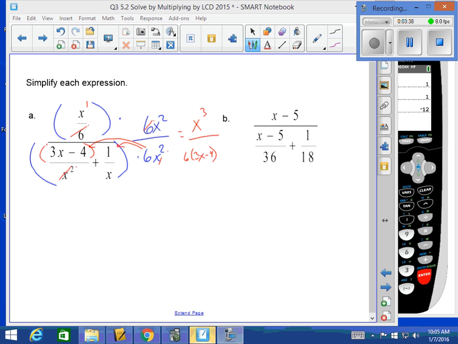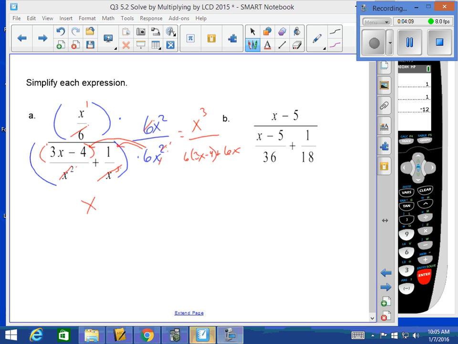Then I have to distribute the 6x squared to the 1 over x. The x to the first on the denominator and this x squared, I can cancel out an x, making that an x to the first instead of an x to the second. So to my numerator of 1, I'm really just multiplying a 6x. So then I have a plus 6x.